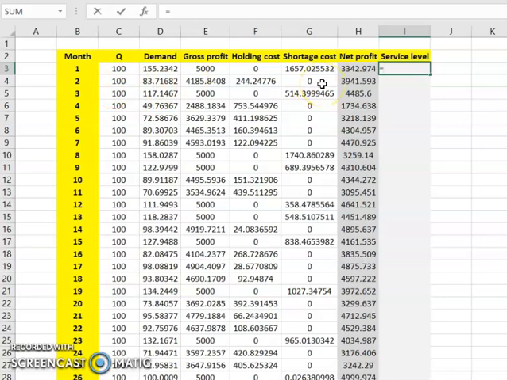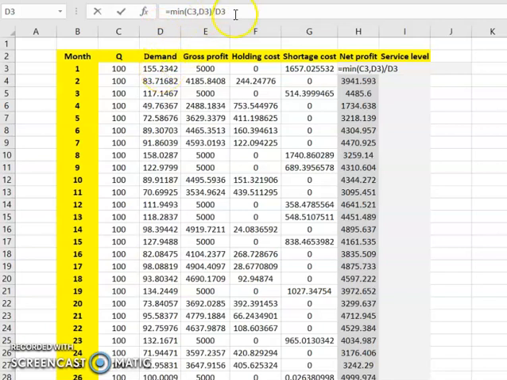So the formula that we need to put here is this. What is the service level? Service level would be the satisfied demand over the total demand. So in this formula that you see here, the total demand is D3, 155.